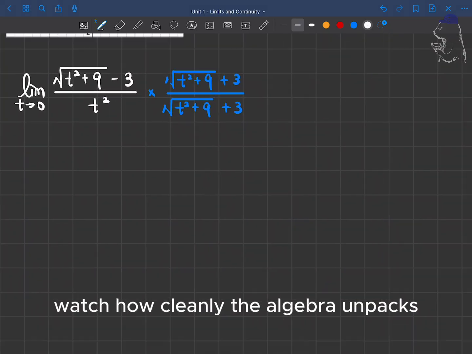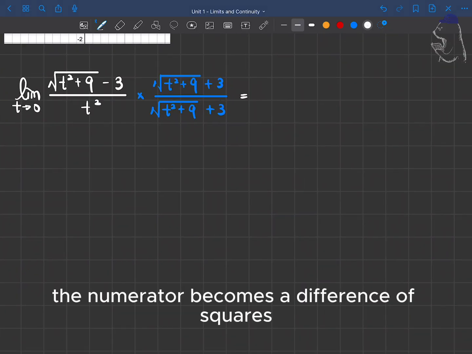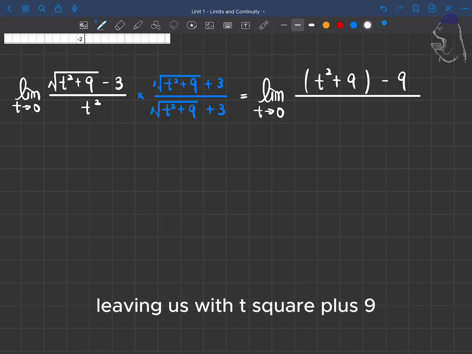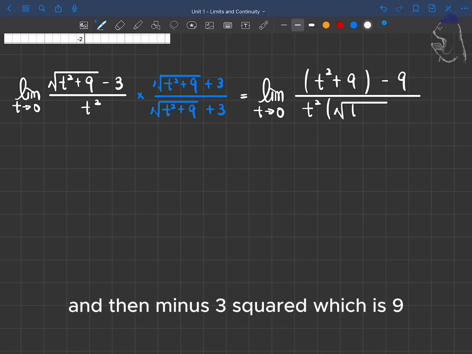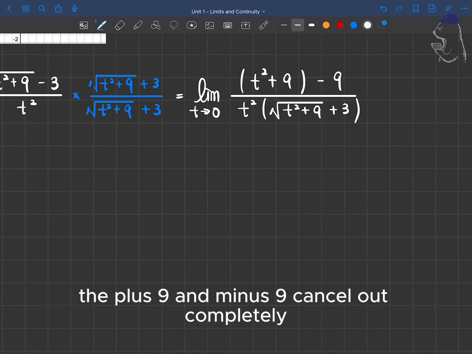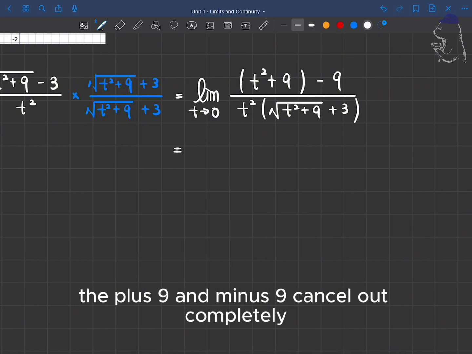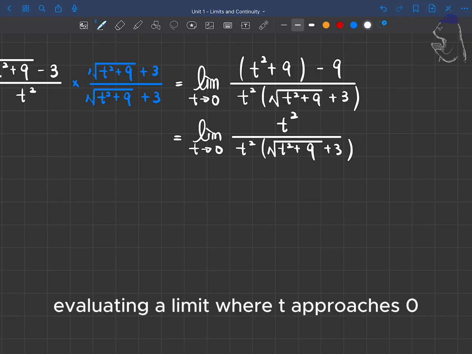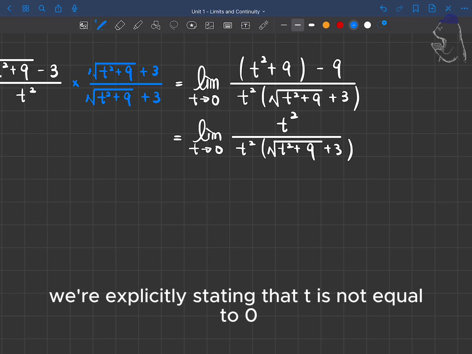Watch how cleanly the algebra unpacks. The numerator becomes a difference of squares. The square root squared vanishes, leaving us with t squared plus 9 and then minus 3 squared, which is 9. The plus 9 and minus 9 cancel out completely, leaving just t squared on top. And because we're evaluating a limit where t approaches 0, we're explicitly stating that t is not equal to 0.